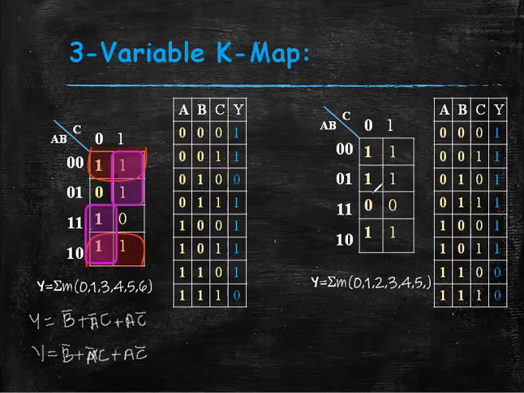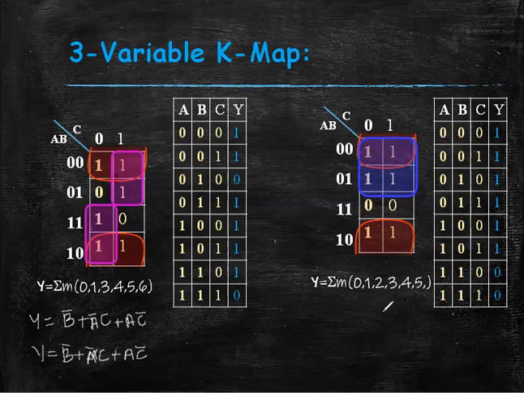Looking at the map carefully, it forms a quad. First, this is a quad, and these 4 ones can also be paired. There are two quads. We know that for a quad a single variable must be there, and there are two quads.